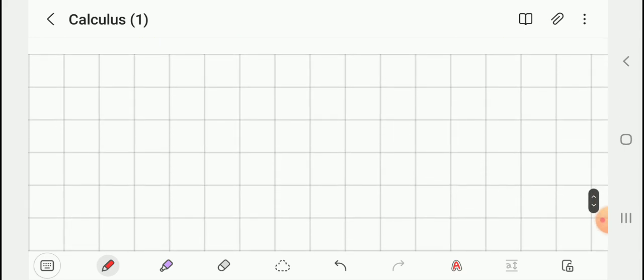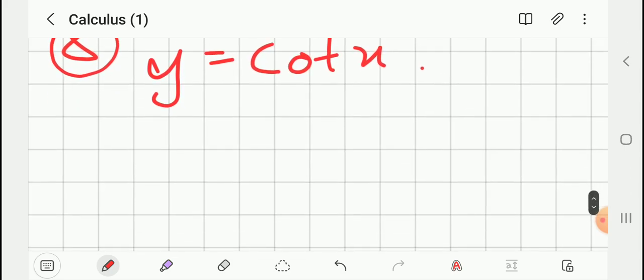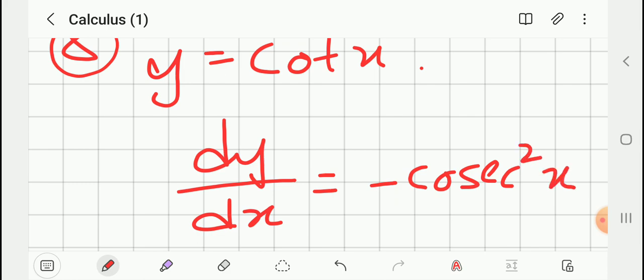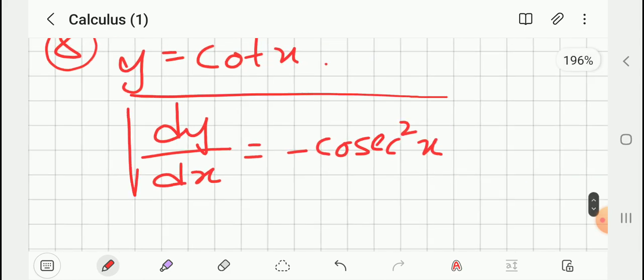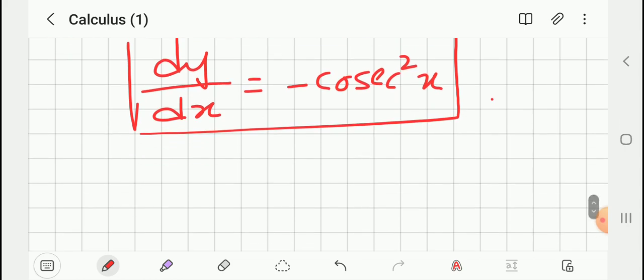We come to the next page, and here the next formula, number 8, is when y is equal to cot x. Then the differentiation of y with respect to x is minus cosec square x. Just simply note this down and try to learn them by heart.